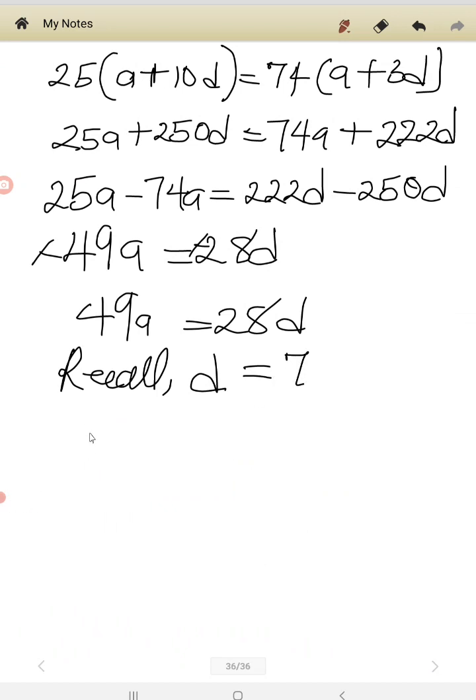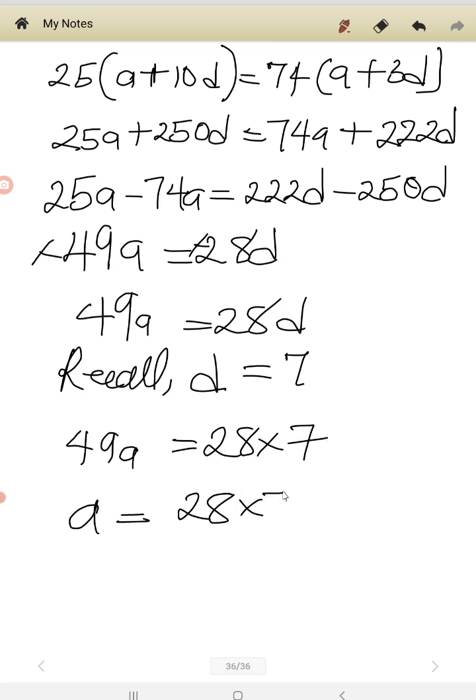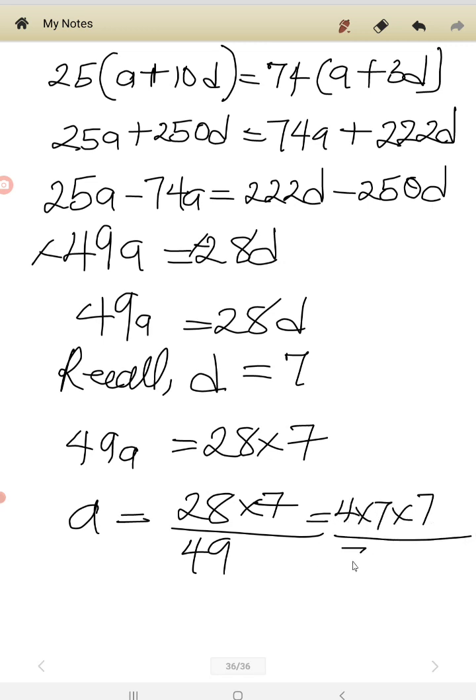So you now have 49A is equal to 28 times 7. So A will be 28 times 7 over 49, which can be written as 4 times 7 times 7 over 7 times 7. So this will cancel this, and the value of A will be 4.